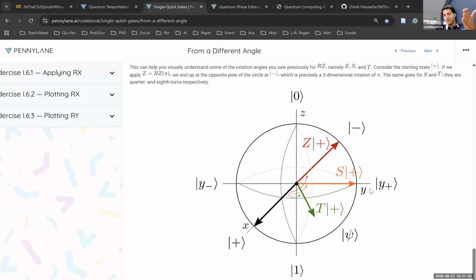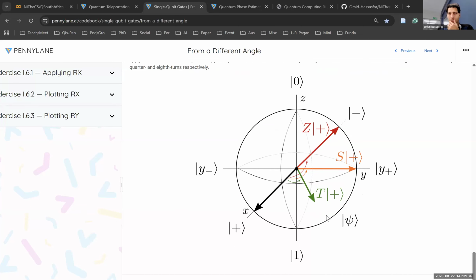It's a 90 degree rotation around the z-axis. For T, you see that T is something between plus and plus y. T turns out to be a rotation around the z-axis with rotation angle pi over 4. So these are very interesting visual representations.